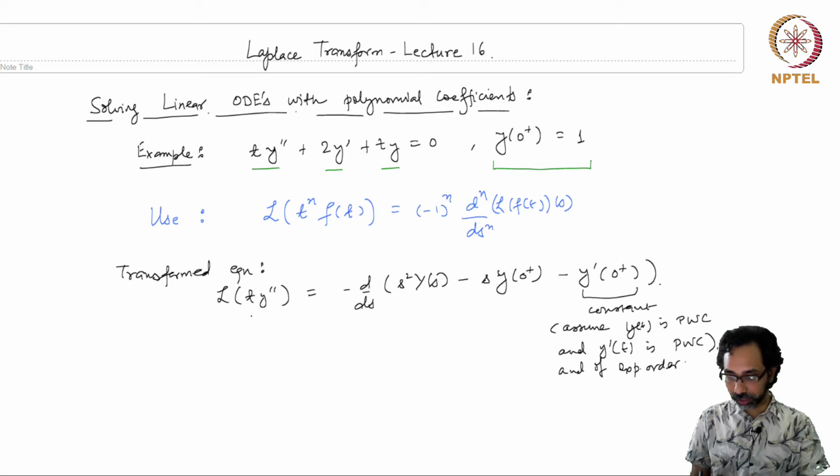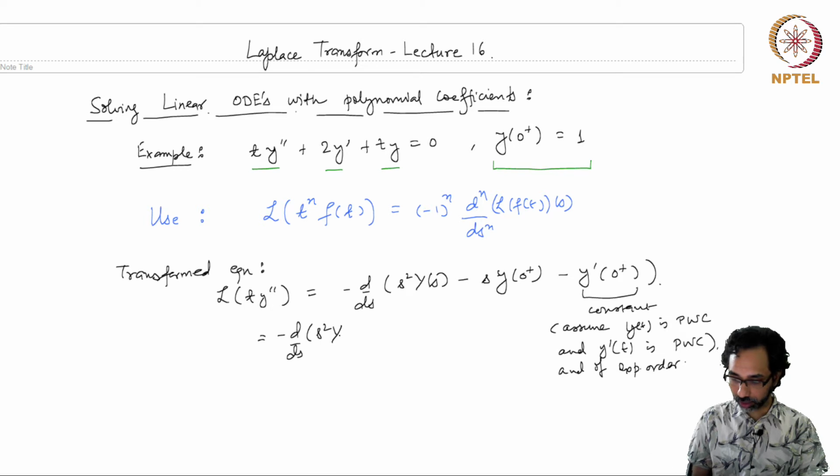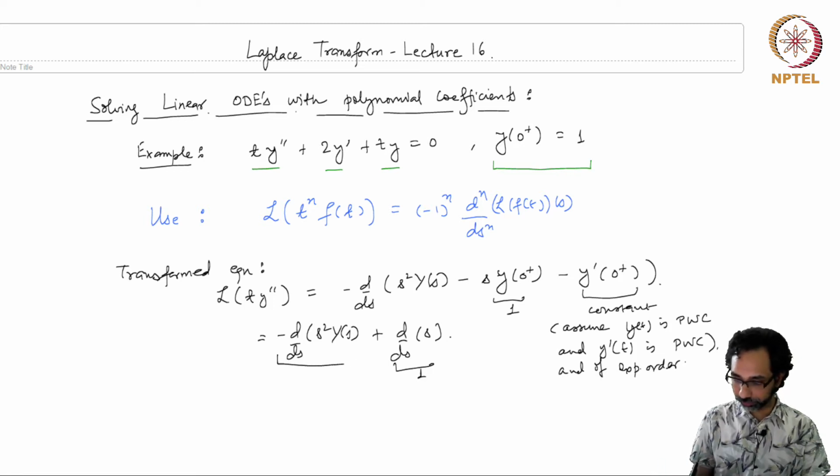In this case, the Laplace transform of t y double prime is the derivative of this expression. So, this is d over ds of s square Y(s) plus d over ds of s, simply because y(0+) is 1. So, this term is 1, and this is minus 2s Y(s) minus s square Y prime(s).